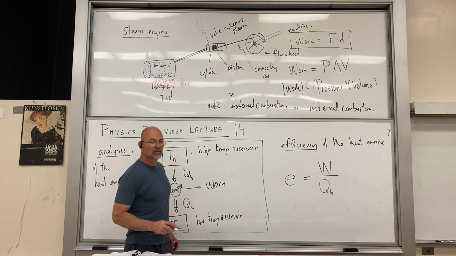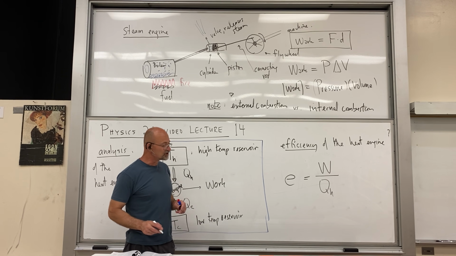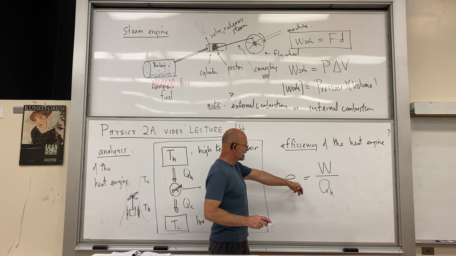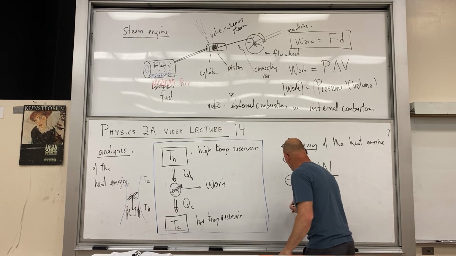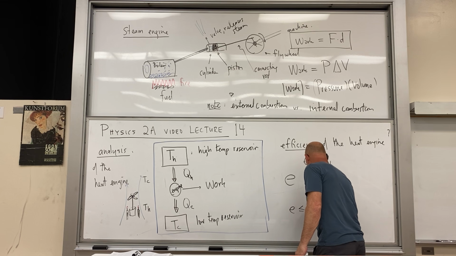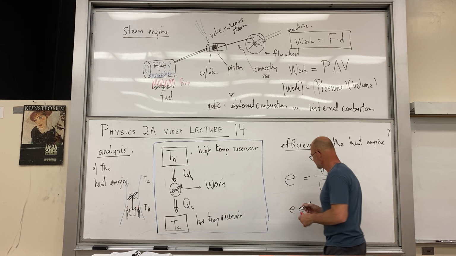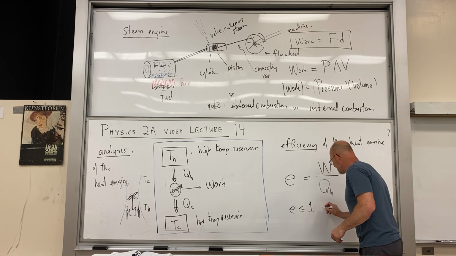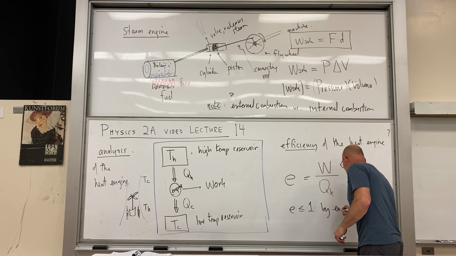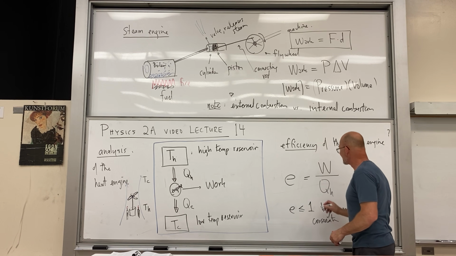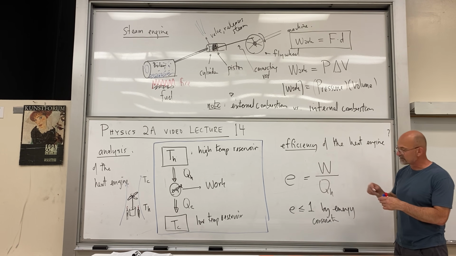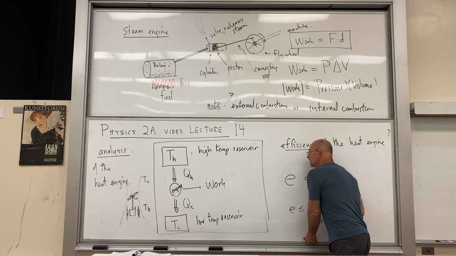And it's clear, since we know something about conservation of energy, that this number is less than or equal to 1. So E is less than or equal to 1 by energy conservation. That's your basic definition of efficiency. Let's continue on.